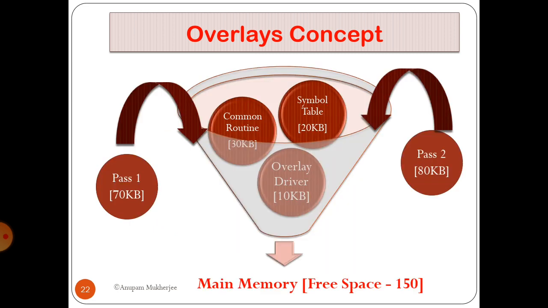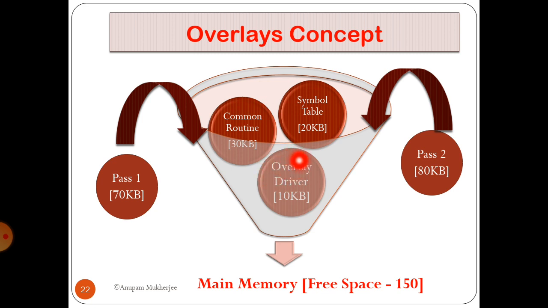Next, say this portion is our main memory, which holds the common routine, which is the header file, or in the case of object oriented programs, the imported packages, and the symbol table, which represents the source address space. There is also another driver present, called the overlay driver.